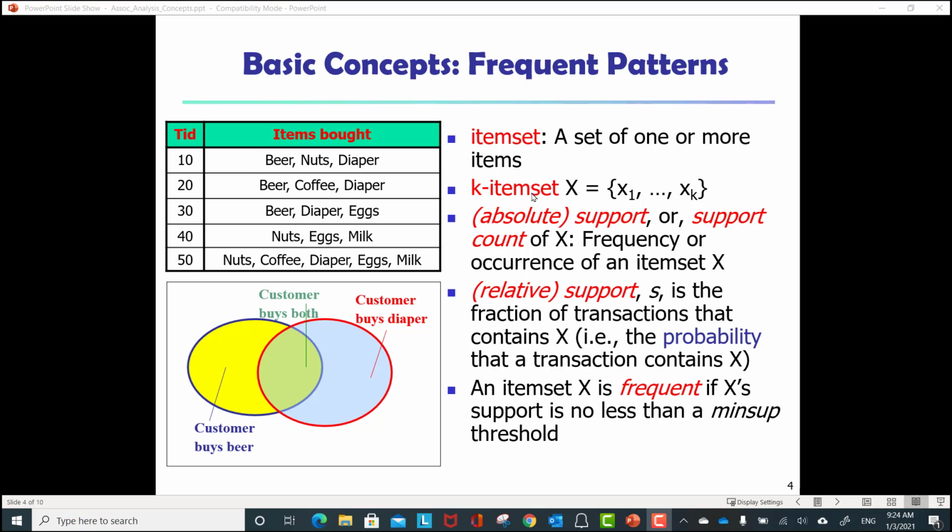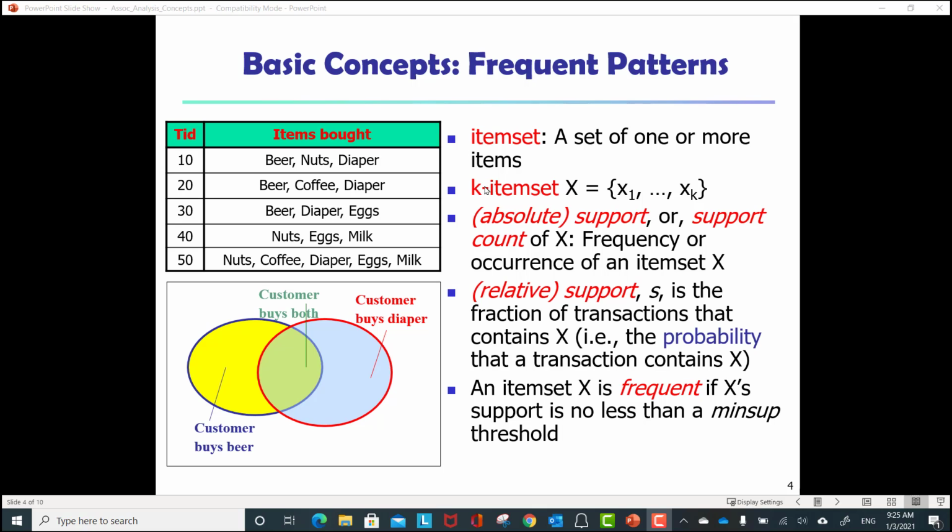How about a one-item set? That means the item set has only one item or one element in a set. For example, beer is a one-item set. Or nuts, diaper. Each of those will be a one-item set.